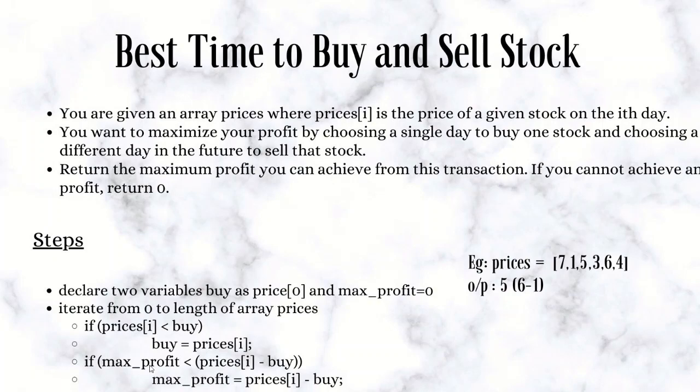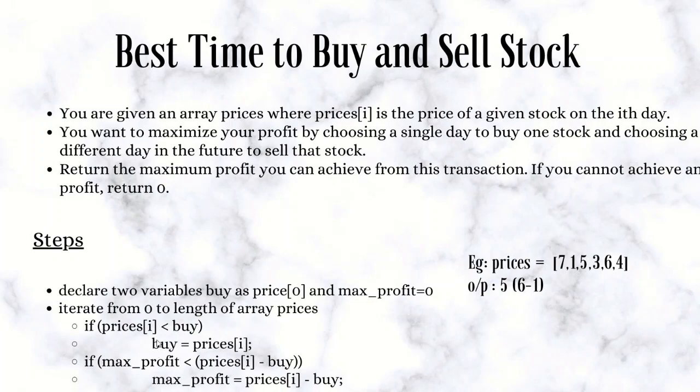the max profit value is 0. So now let us go to the second element in the array. Here prices of i is 1. It is less than 7. So now the buy variable will be assigned the value of 1. Now we are again checking the max profit.